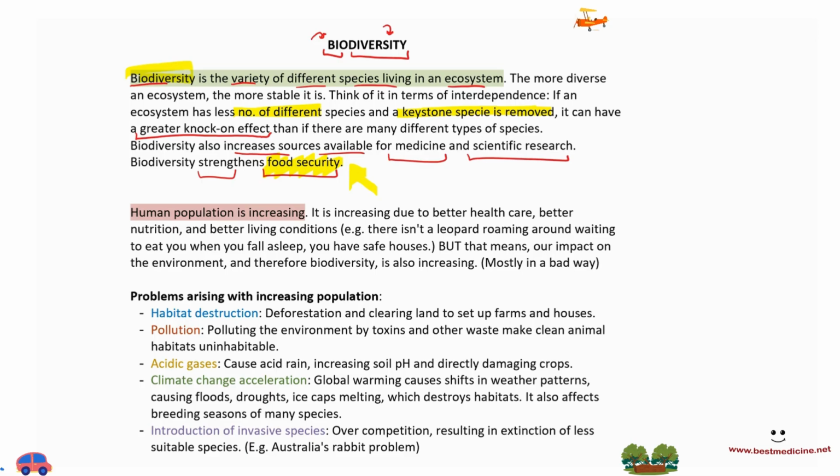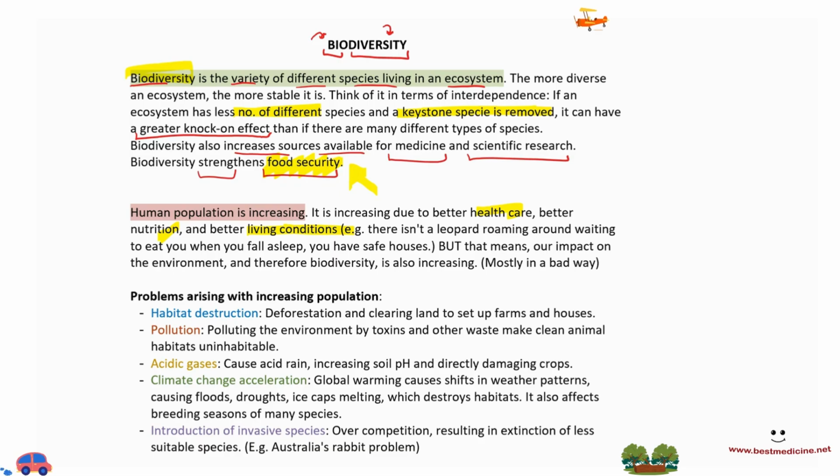Now, here's the thing. Human population is increasing. It has increased significantly in the last 50 years. The reason why it's increasing is because people are just living longer. They're living longer because they have better nutrition, better healthcare, better living conditions. But here's the thing.